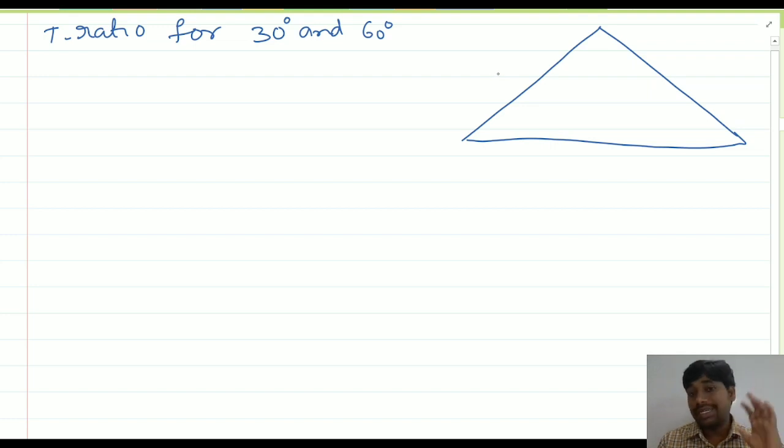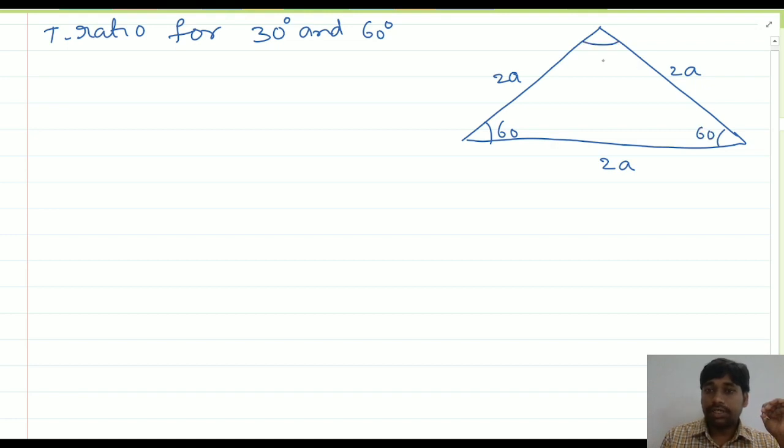It is an equilateral triangle, so each angle becomes 60 degrees.